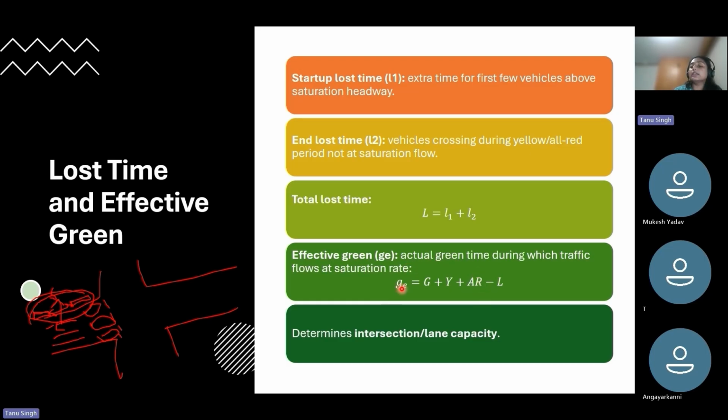But there is a loss that happens because the vehicles are not traveling at full saturation rate, and that is subtracted using the total lost time. So this effective green is what really determines the intersection or lane capacity, not just the nominal green light.